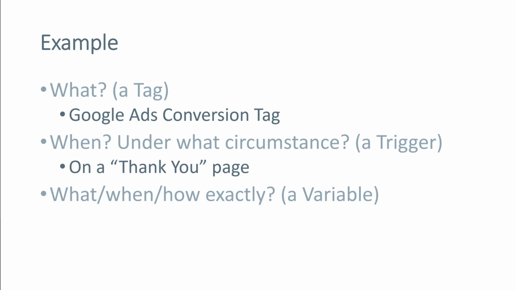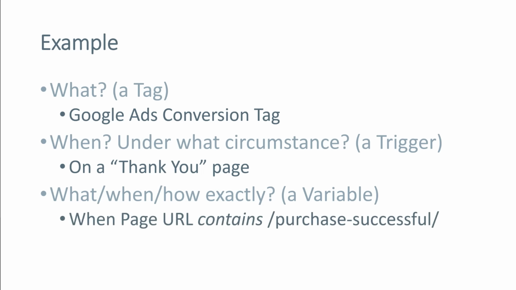In this case, the when exactly would be when the page URL contains purchase successful. So the page URL in this case is the variable. But also with that conversion tag, we could send the value of the order total. How much money did the visitor spend on our site with that purchase? So another variable could be order total, because it contains a monetary value of the purchase.